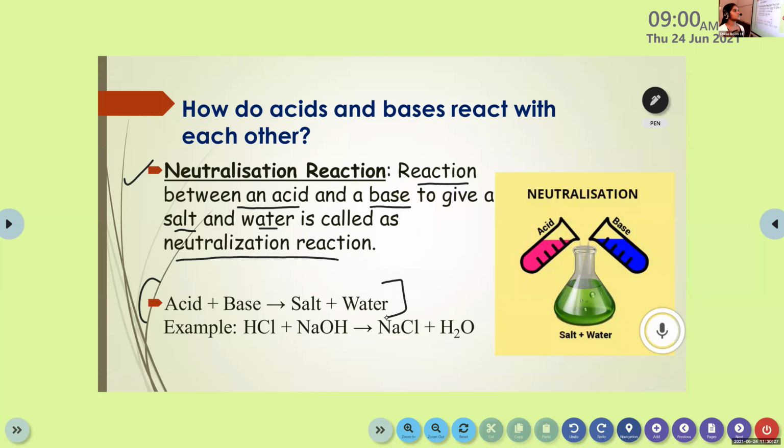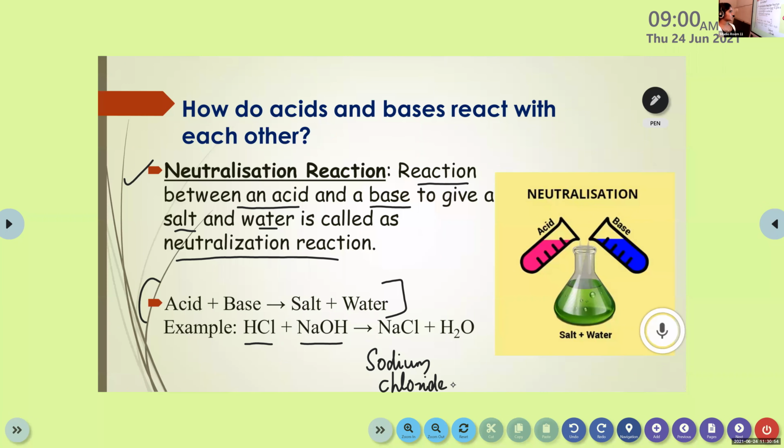That's why it is known as neutralization reaction. The example: HCl plus NaOH gives NaCl plus H2O. This is sodium chloride, an example of a salt.